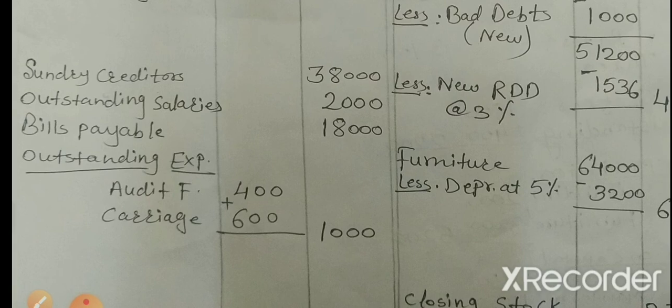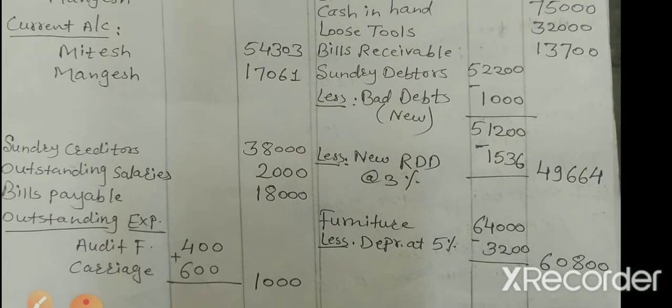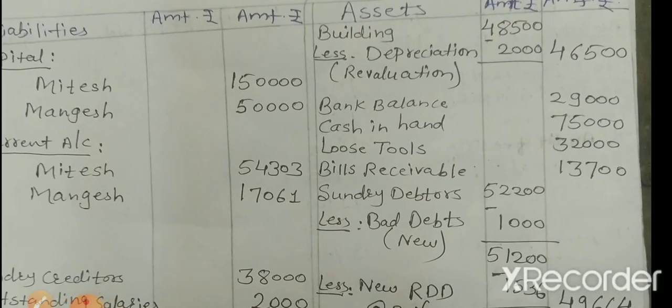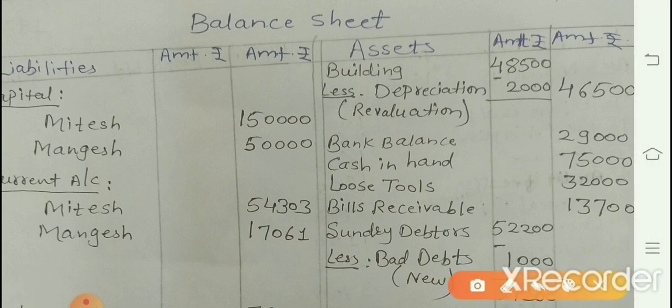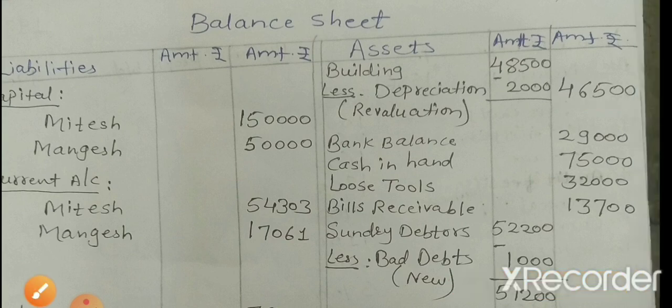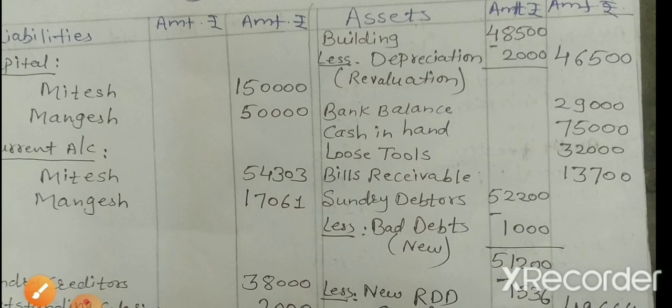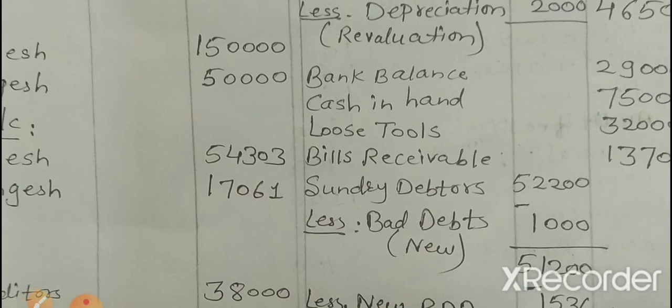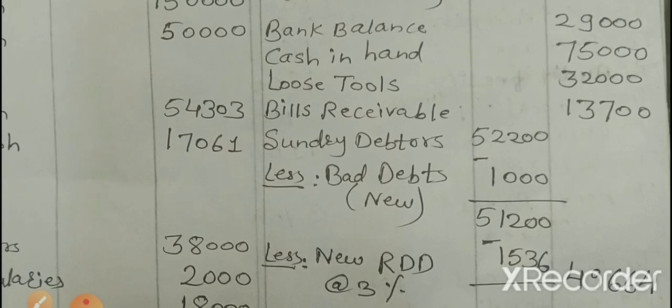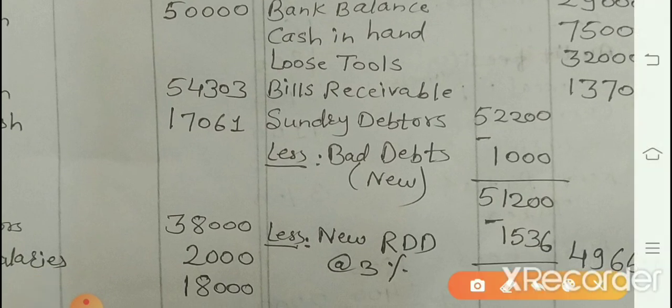Then as per our adjustments we wrote outstanding expenses. Then our asset side, building, from this building we deducted depreciation, 46,500 is the remaining value. Bank balance 29,000, cash in hand 75,000, loose tools 32,000, bills receivable 13,700, sundry debtors. Now see the adjustment of bad debts.